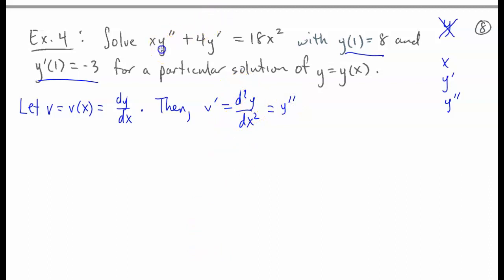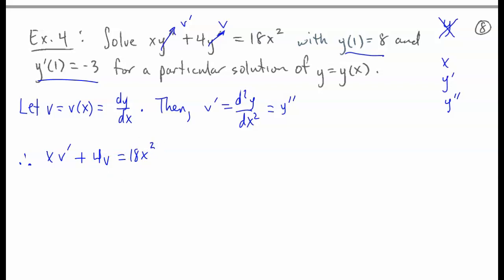And so here we let y double prime be v prime, let y prime be v, and we just substitute, okay? So if we do that, then we have x times v prime plus 4 times v equals 18x squared.